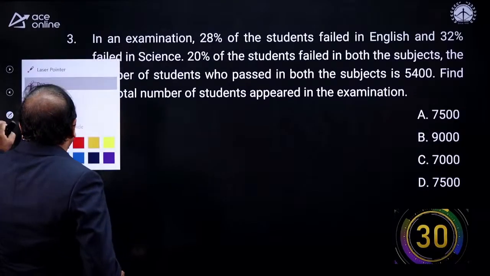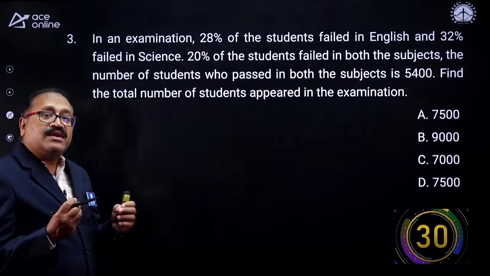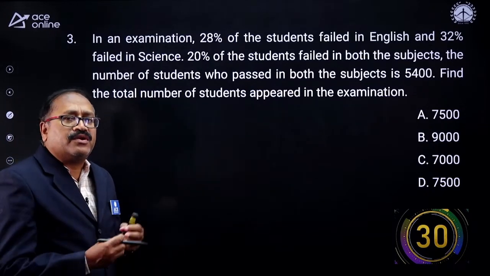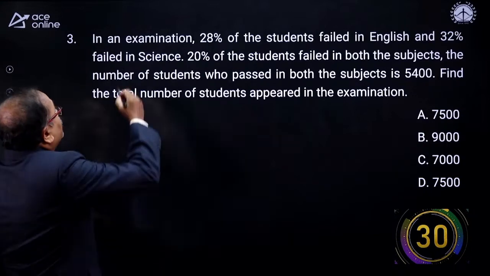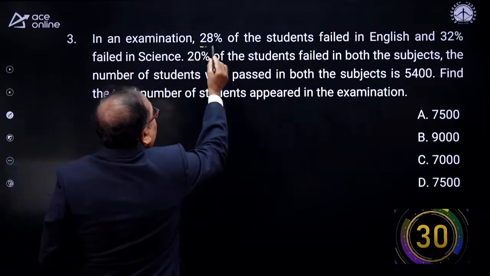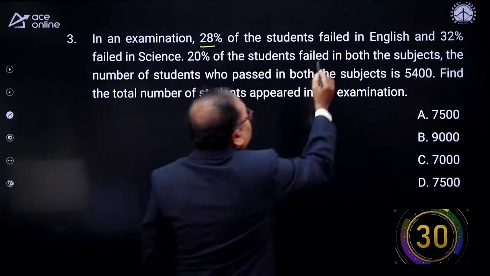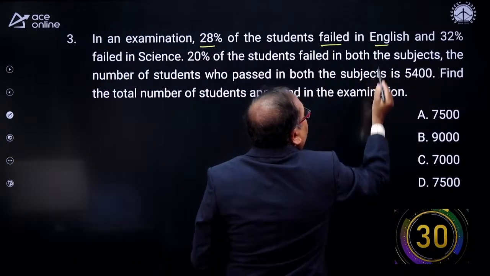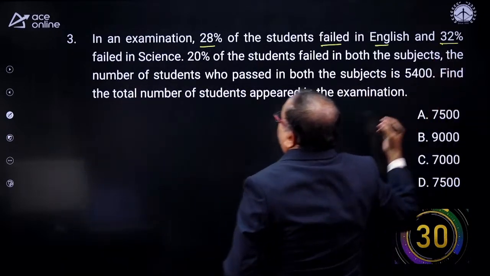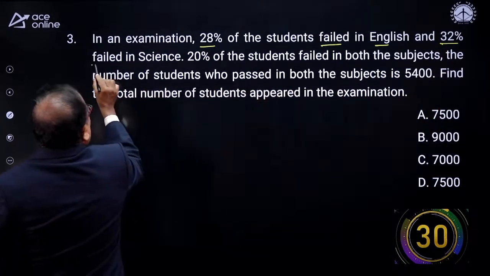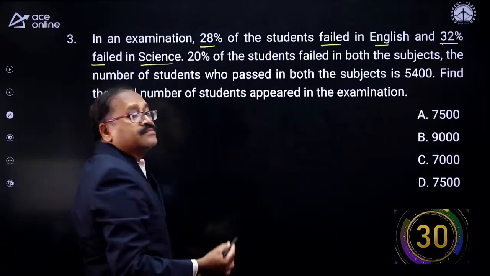Now here, what is this question? Every day we will work out one hour, some questions you know and some questions you will learn. In an exam, 28% of the students failed in English. Next, 32% failed in science.